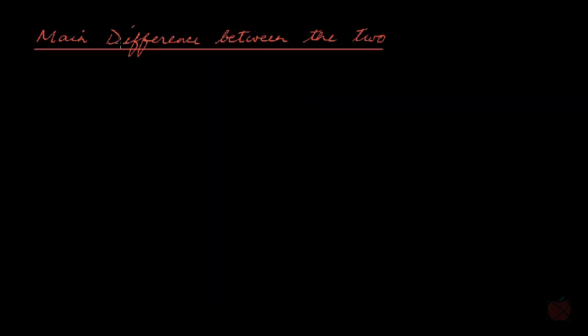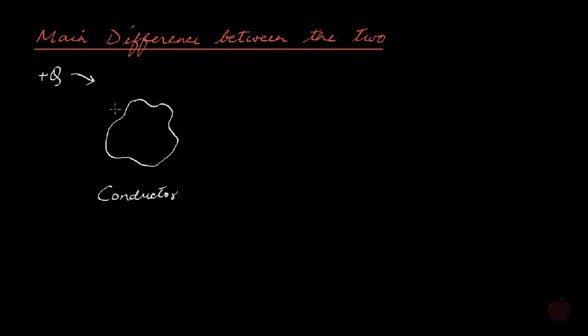Now the main difference between the two is this. Let's say we have this body, and this body is a metal, so because it is a metal, it is a conductor. What will happen if we give charge to this body? Let's say by some process we are able to give positive charge to this body.